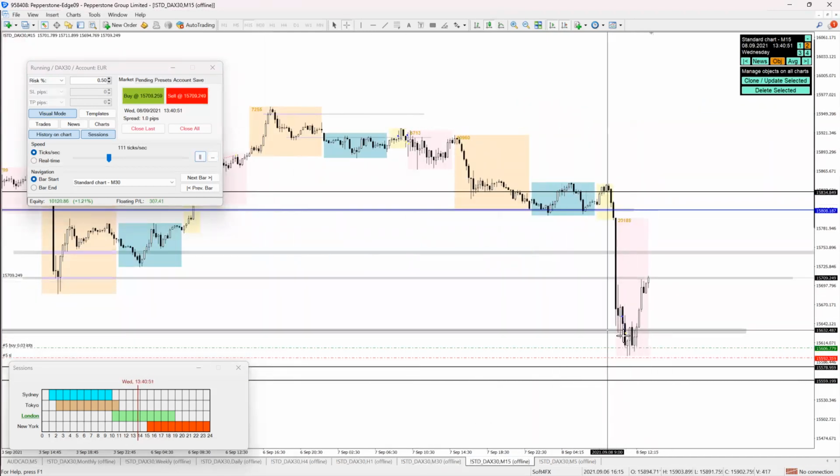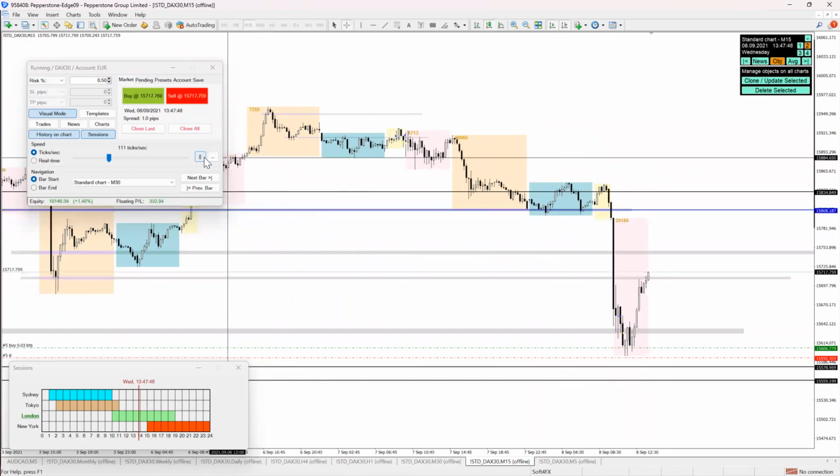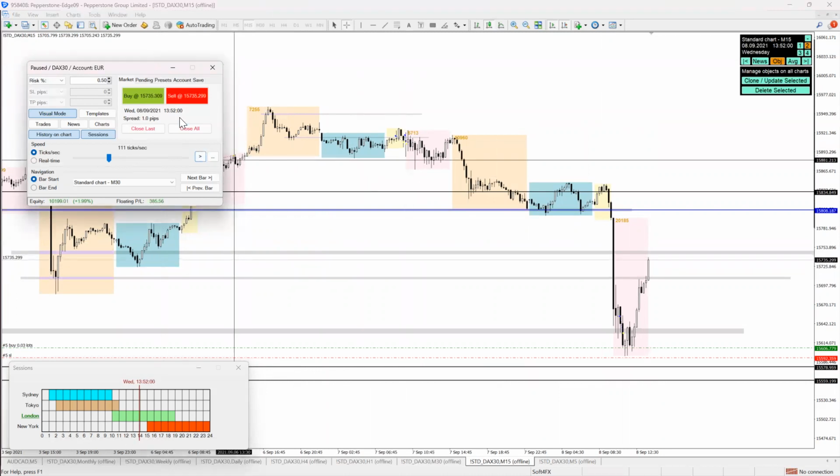And this is looking like a liquidity grab now to keep on fill of this range. Yeah, it's about there.